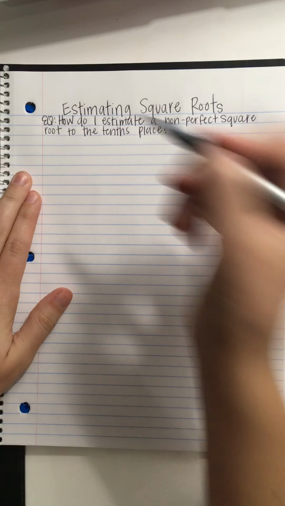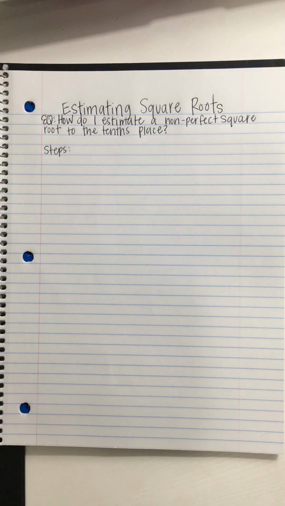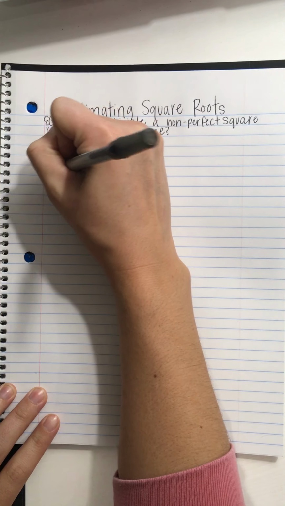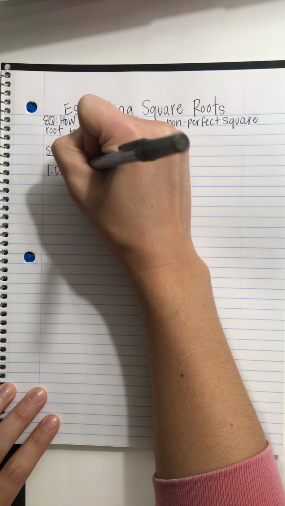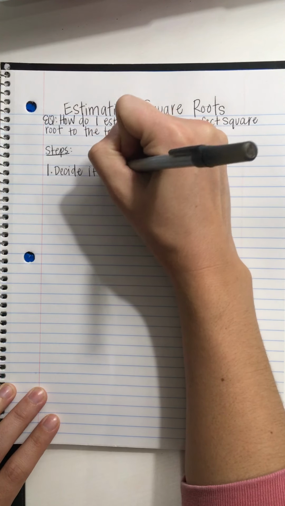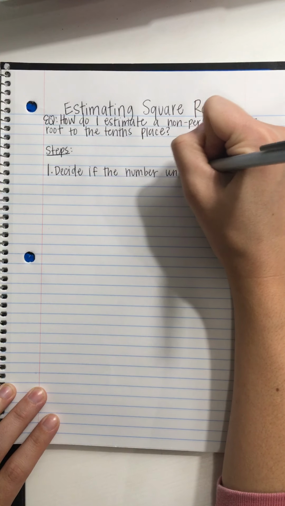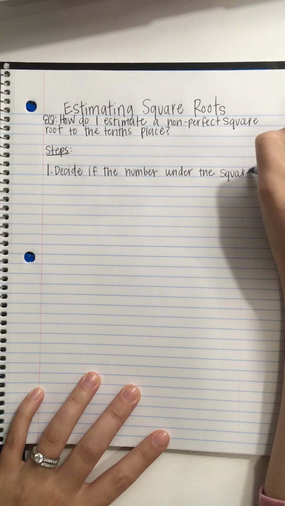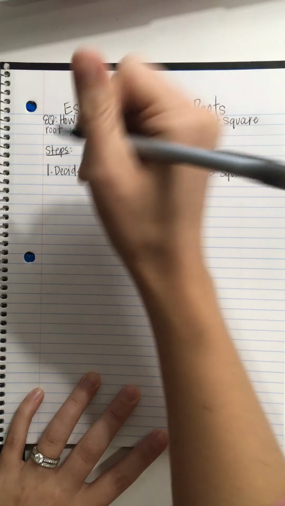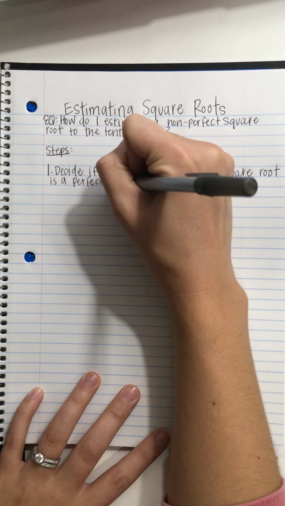So we are going to get started with some steps to follow to estimate a square root, a non-perfect square root. So step 1, first thing you're going to do is you are going to decide if the number under the square root is a perfect square.